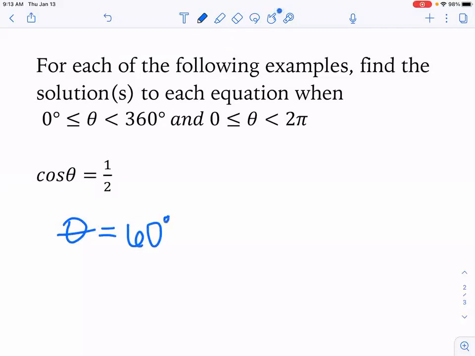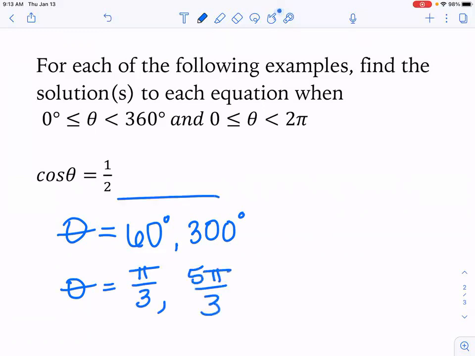Okay, so now let's go to the fourth quadrant. What angle with a 60-degree reference angle in the fourth quadrant? 300 degrees. Then you're also going to give them to me in radians. Our first quadrant angle is pi over 3. Our fourth quadrant angle is 5 pi over 3.